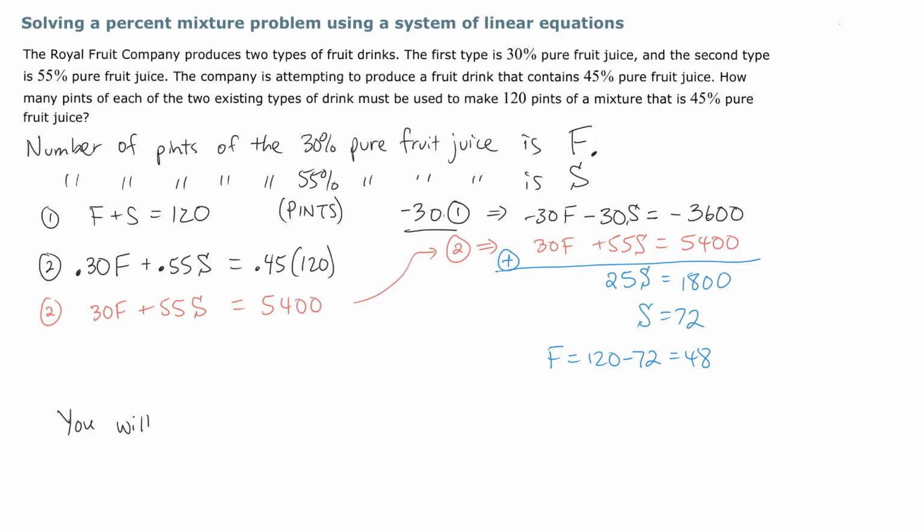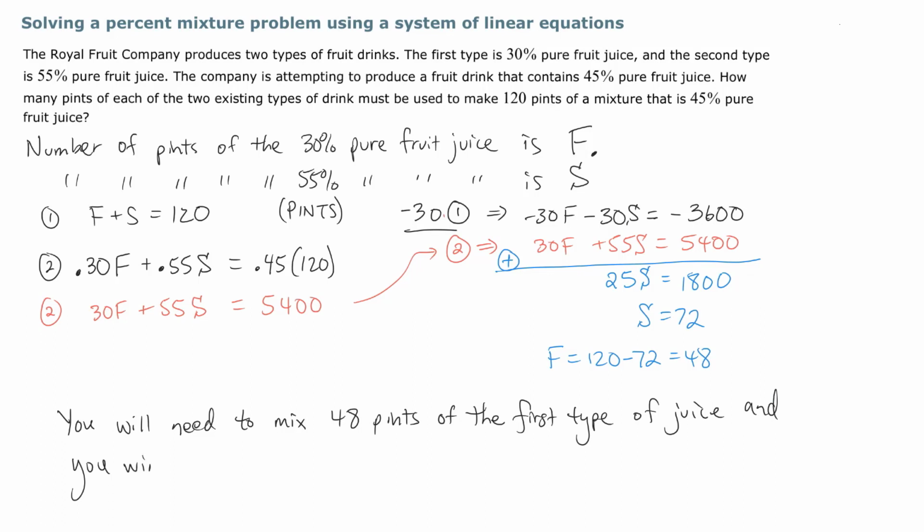You will need to mix 48 pints of the first type of juice and you will need 72 pints of the second type of juice.